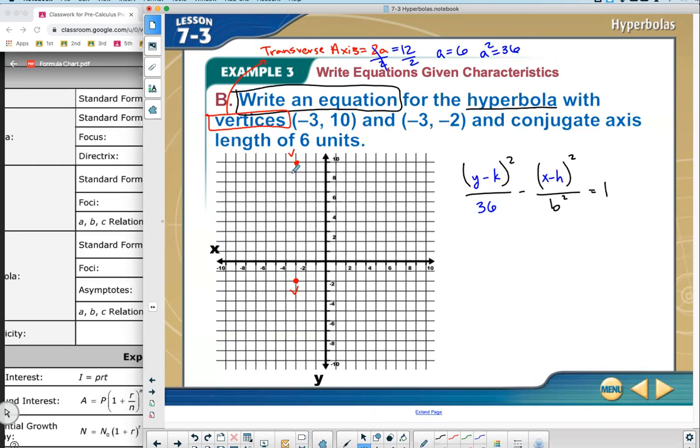This one's up 10, so I'm just going to subtract 6. It takes me to 4. That should mean my center is left 3, up positive 4. So when I put these in, they lie. The y value of 4 is going to look like y minus 4, and the negative 3 value is going to look like x plus 3.